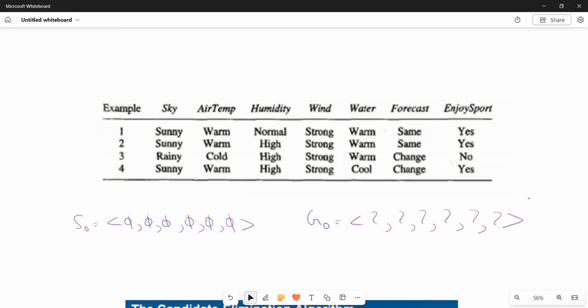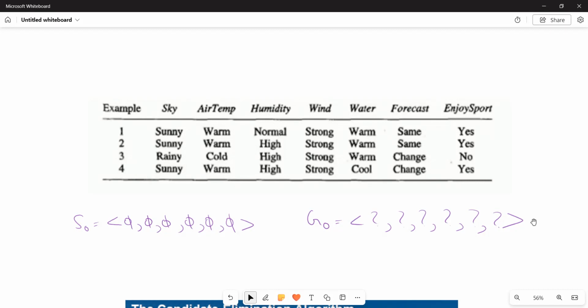I hope you remember that it has 6 attributes, hence we have 6 nulls and 6 question marks here. When I say check if this example is consistent with the hypothesis, which hypothesis are we going to check with? Since it is a positive one, we check with the generic boundary first.